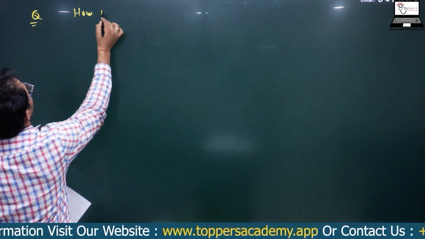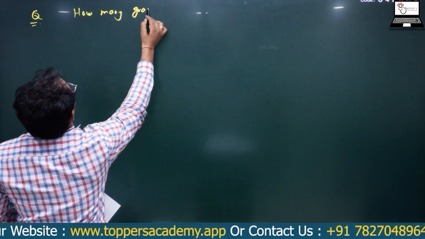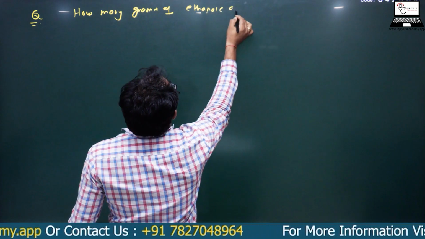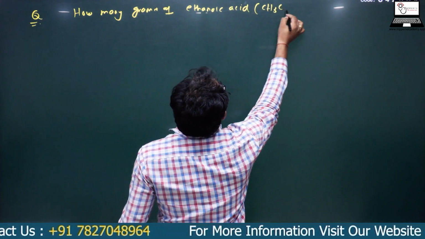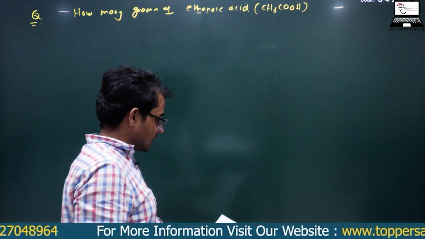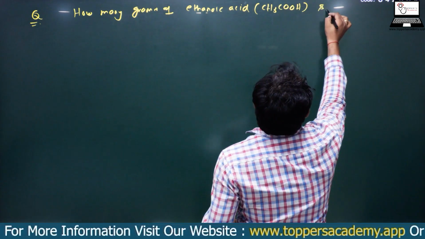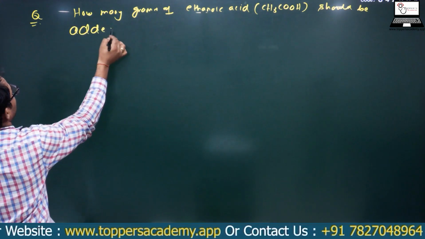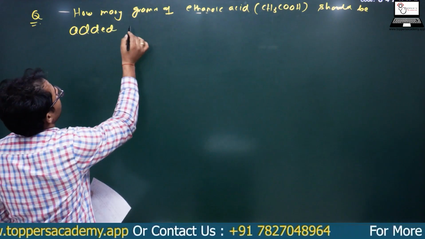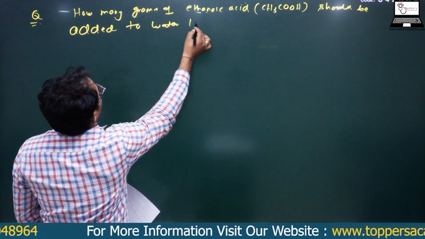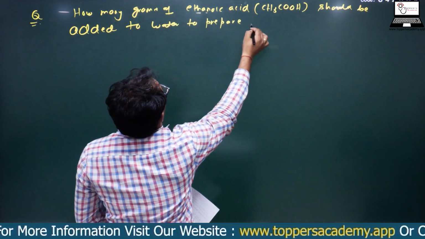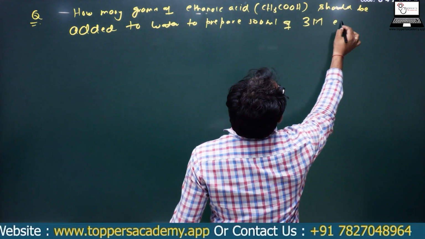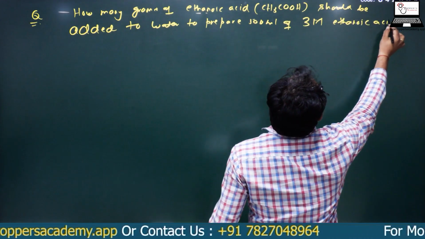How many grams of ethanoic acid, CH3COOH, ethanoic acid or acetic acid, should be added to water to prepare 500 ml of 3 capital M ethanoic acid solution.